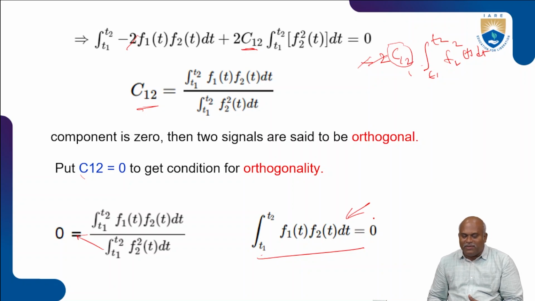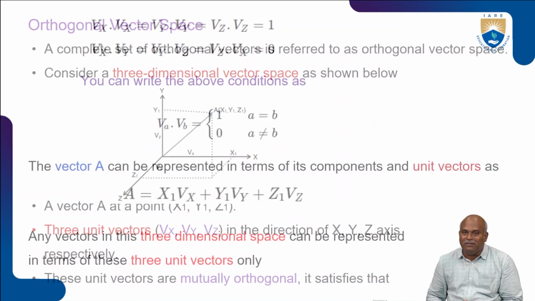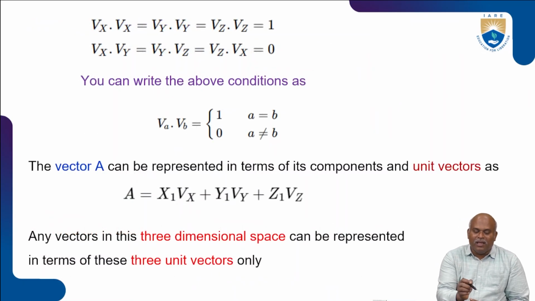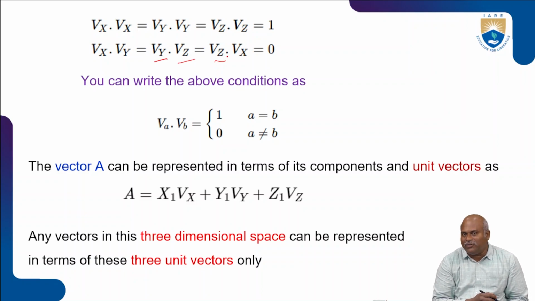The same condition holds if the signals are orthogonal in different directions: Vx, Vy are two signals in two different directions, then the other two signals Vy, Vz, and the other case Vz, Vx, and that value is equal to 0.